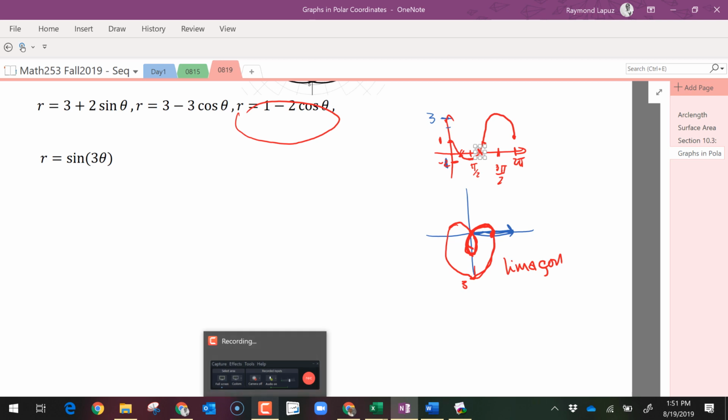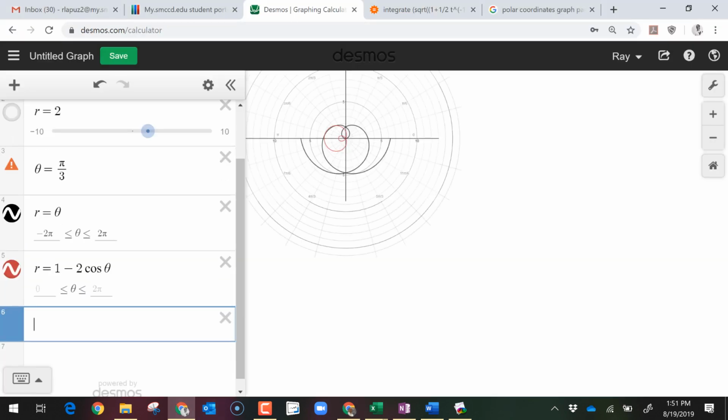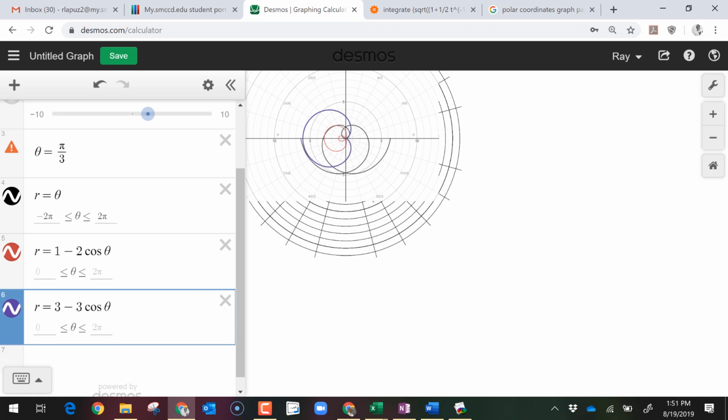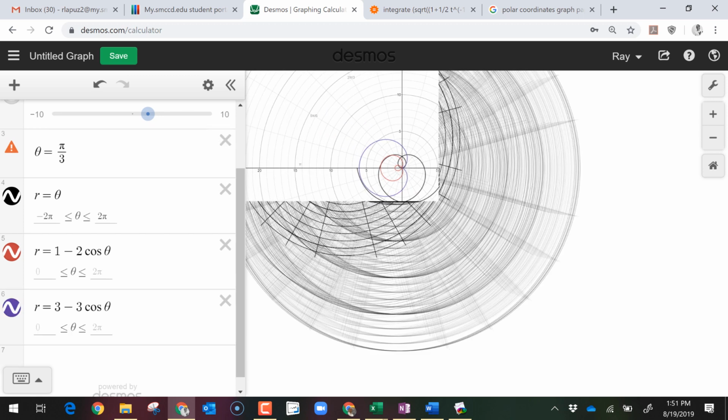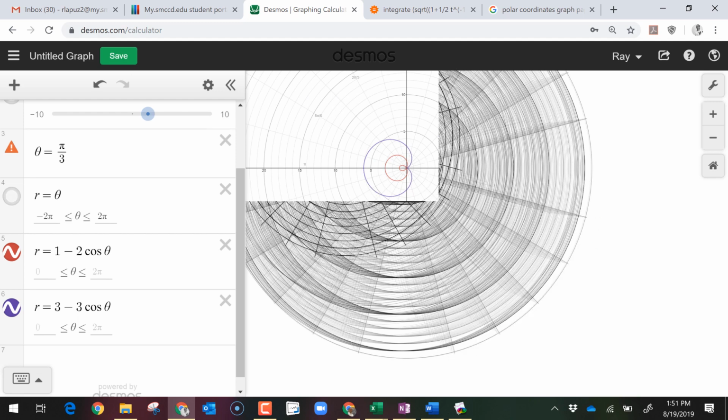But let's do 3 minus 3 cosine theta, just to show you the pictures, and I'll paste it. Oh, that's the wrong one. R equals 3 minus 3 cosine theta. Uh-oh, what's going on with my graph? Something happened. So it's like a cardioid. And then the other one was something similar.